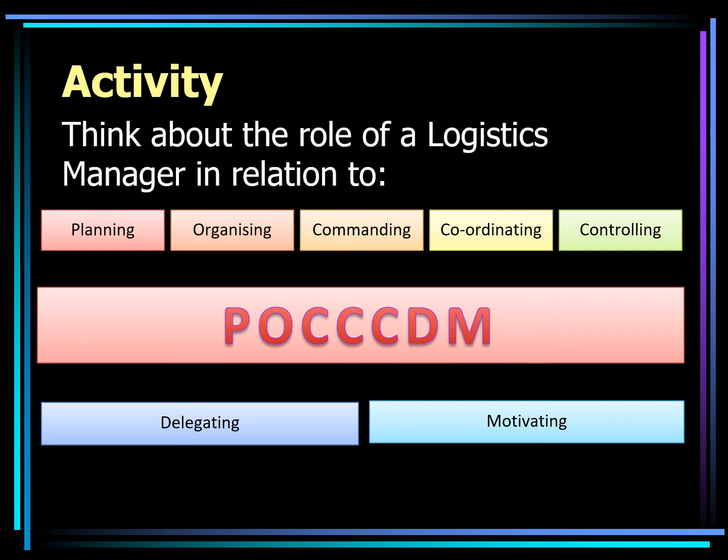So planning, organising, commanding, coordinating, controlling, delegating and motivating. Why don't you pause the video now, take a few minutes, have a little think yourself, jot down a couple of notes and think about what a logistics manager would have to do for each one of these points.